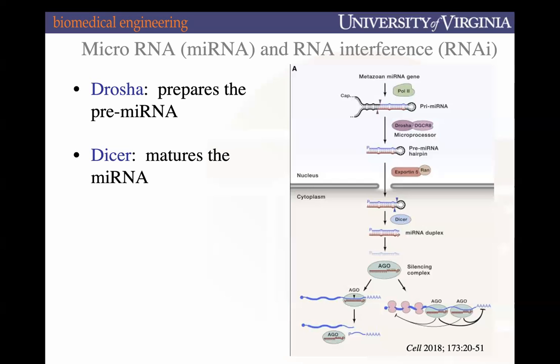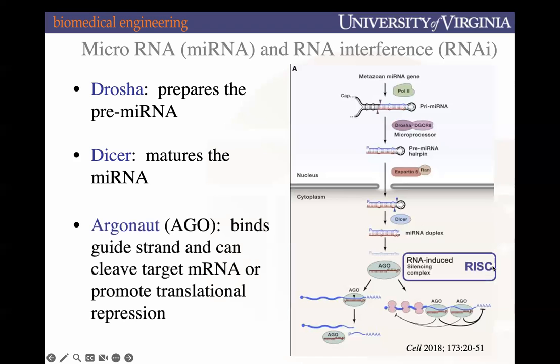We've actually learned that both strands are able to target mRNA transcripts, so now we refer to them as the 5P arm and the 3P arm. Whichever arm is used to target an mRNA transcript is loaded into this silencing complex with a protein called Argonaute.